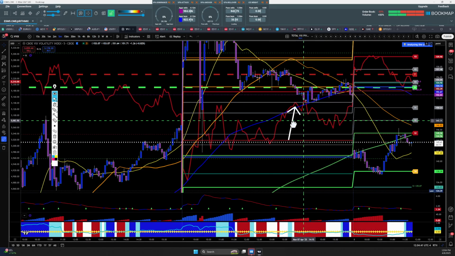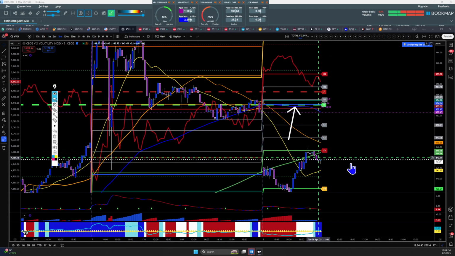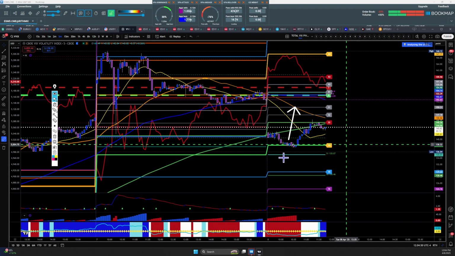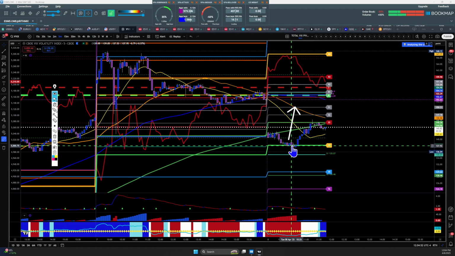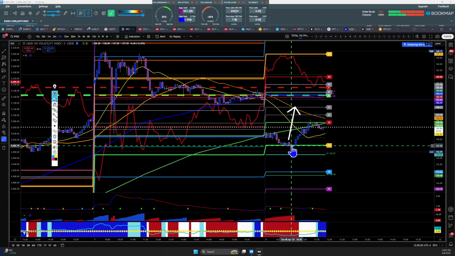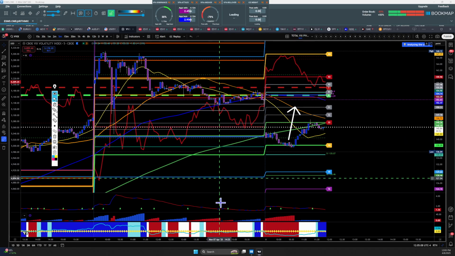Right, and this is the CBOE VIX volatility index. So it pushed down to Camarilla S4 weekly level. No, actually it's a daily level. Found support basically at the same place as it found support at Camarilla S4, which is a little lower than the VIX. I don't think the VIX got to Camarilla S4.